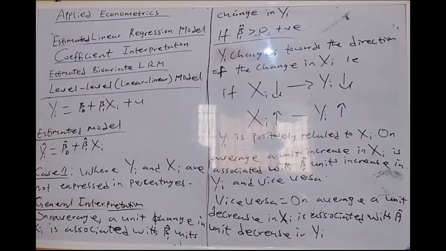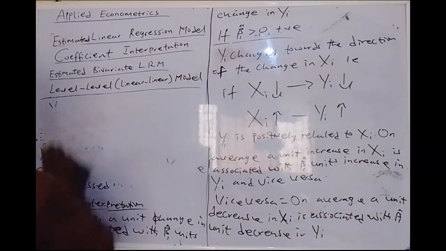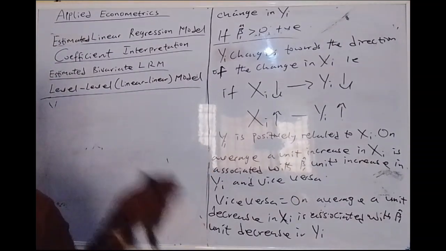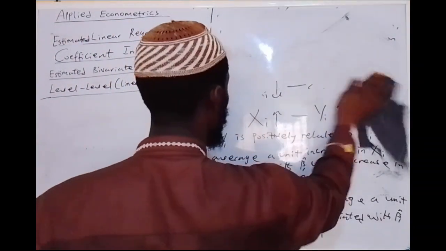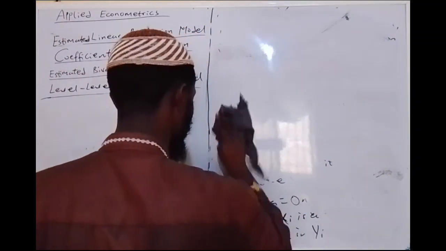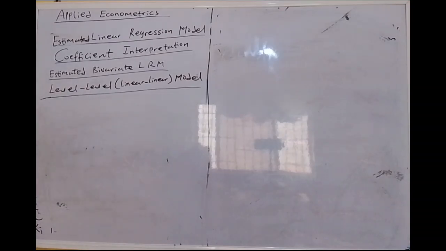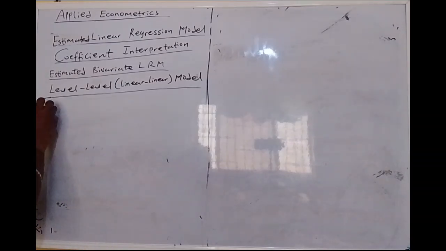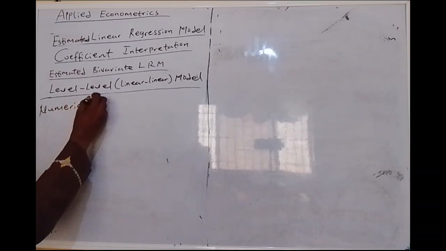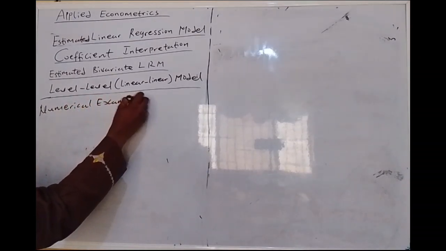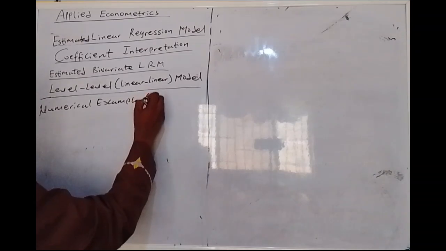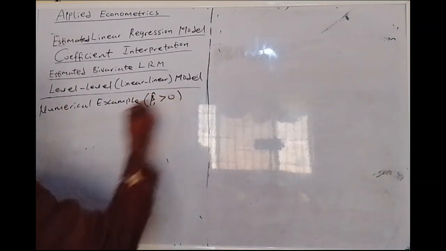Now let's look at a numerical example of this, where beta 1 hat is greater than 0.